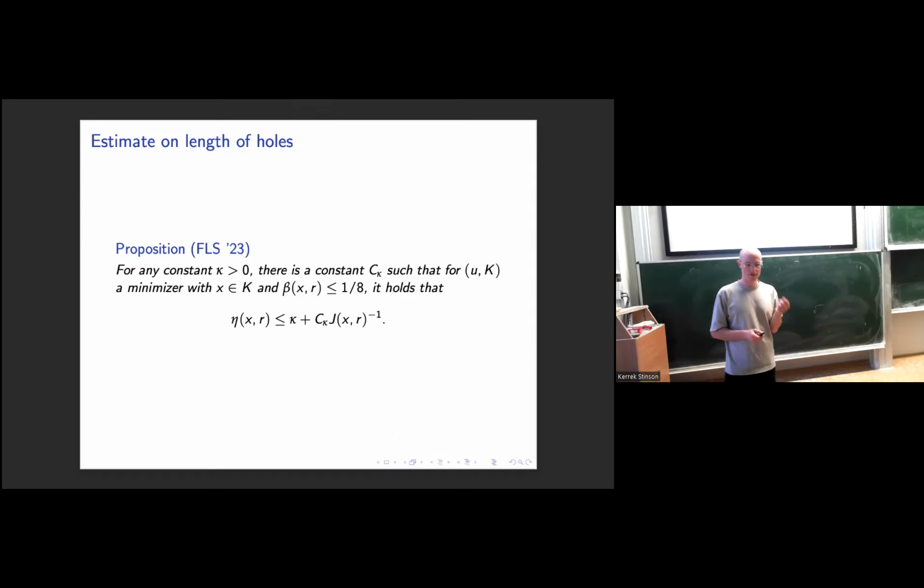And what this says is if you fix a constant kappa, you can find an associated constant c kappa, such that for any minimizer and any point x on the crack, you can control the length of holes by this small constant kappa, and then you add a bad constant, which depends on kappa, times the inverse of the jump. And so we expect the jump to blow up, so this is okay, and basically this ends up giving us a control on the length of holes by eta.